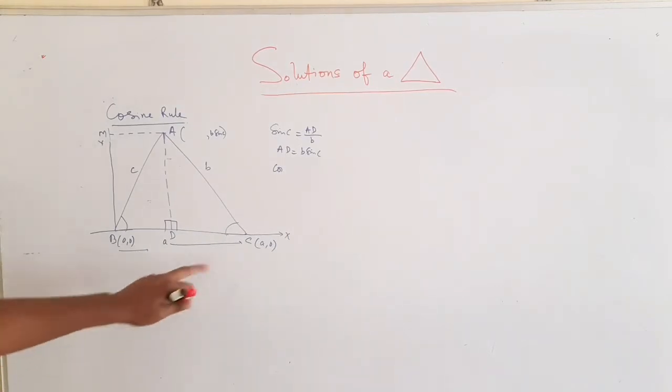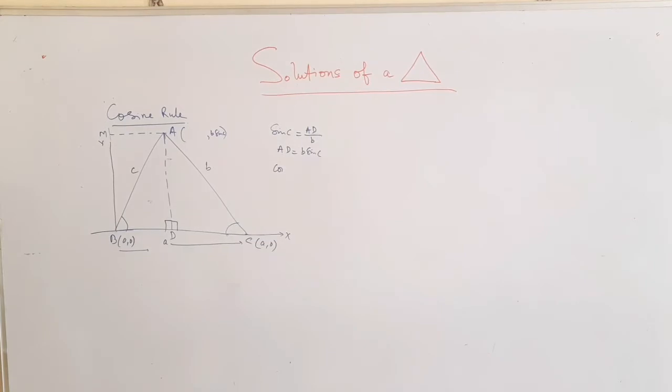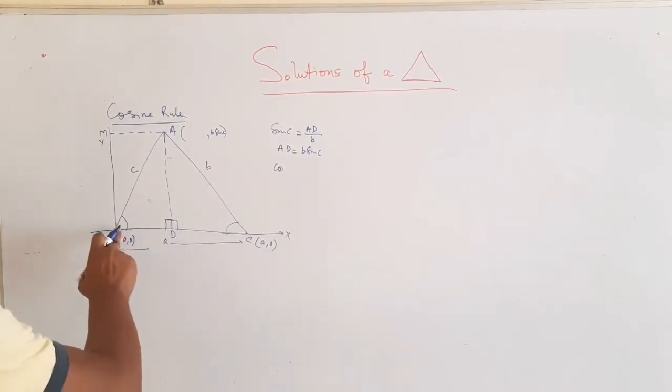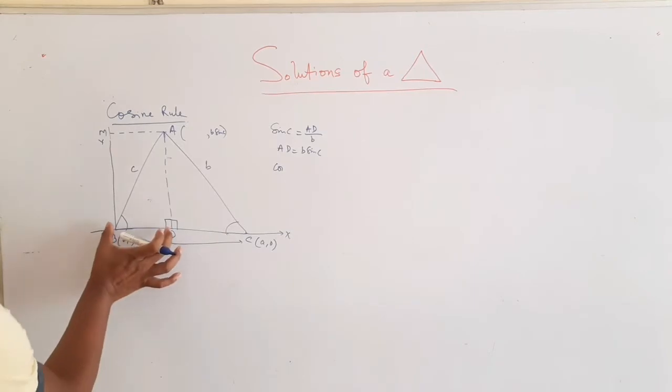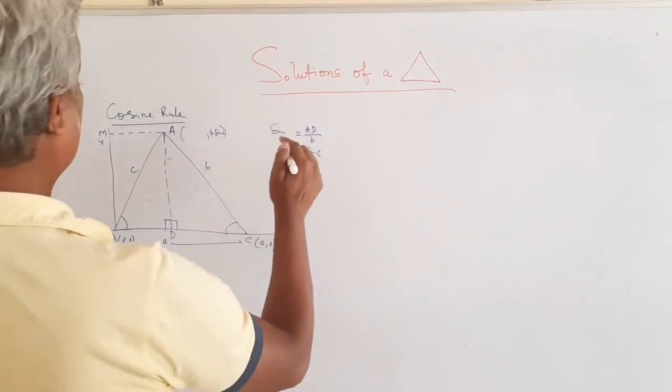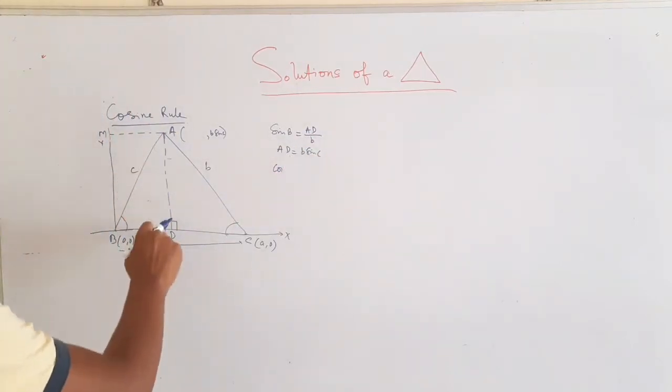Let me check whether I'm doing the same thing, because I have to find AD and then sine B, AD upon c.